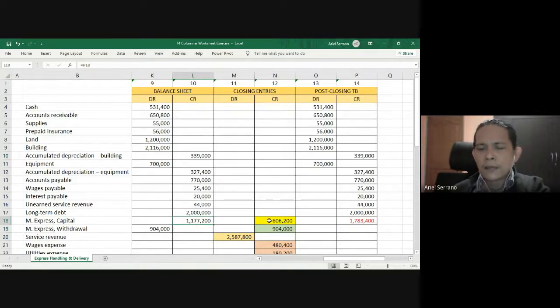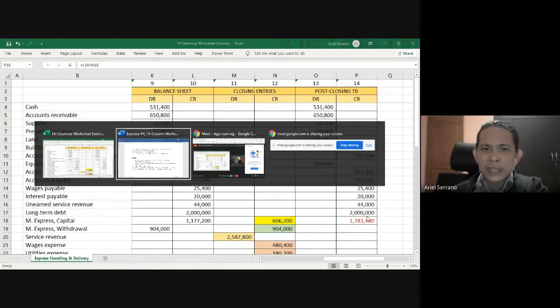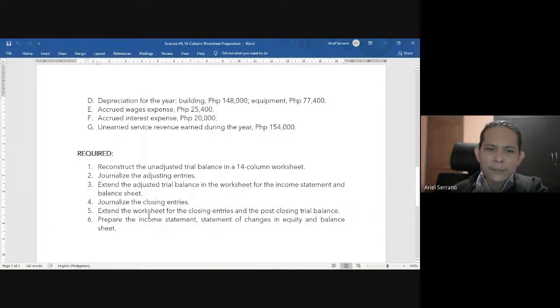The effect of your closing process is 606,200, so it will be added. That is why the ending balance after closing entry for the M Express Capital will be 1,783,400. And there we have your 14-columnar worksheet as required by the problem.